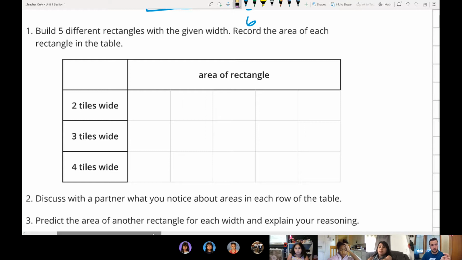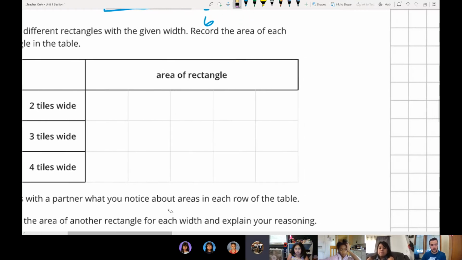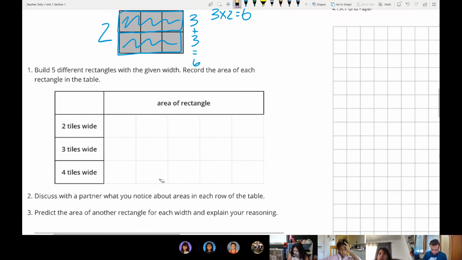Does that make sense? So if we were to do this 2 tiles wide one, let me come over here and start drawing. Here's one that's 2 tiles wide, right? There's a good base for us to use. And let's say I want to do 2 tiles wide, because that's where I'm going off of. And then I'll go 2 tiles tall as well.